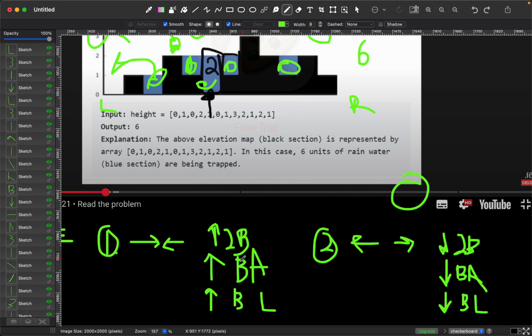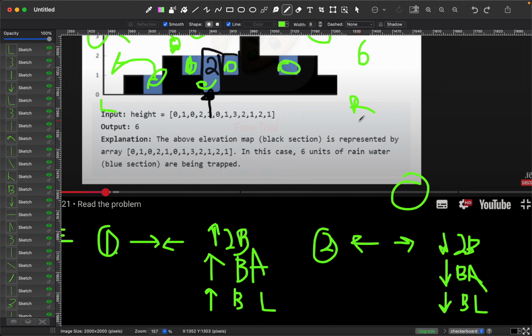The barrier amount is already taken care of just by having the two pointers, and closing in is also part of the two pointer approach. So it's only this BL, barrier length, that we can manipulate when trying to control the conditional statement for the two pointers L and R.